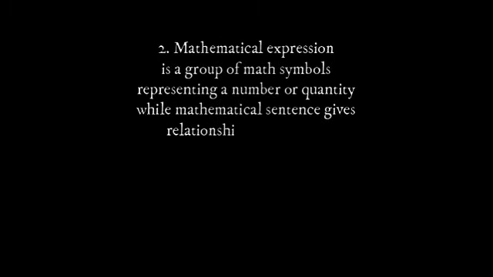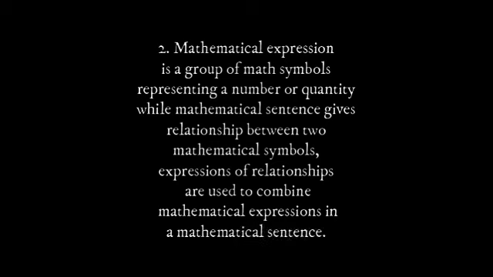For number 2, mathematical expression is one or a group of mathematical symbols representing a number or quantity, while mathematical sentence gives the relationship between two mathematical expressions. Symbols of relationships are used to combine mathematical expressions in a mathematical sentence.